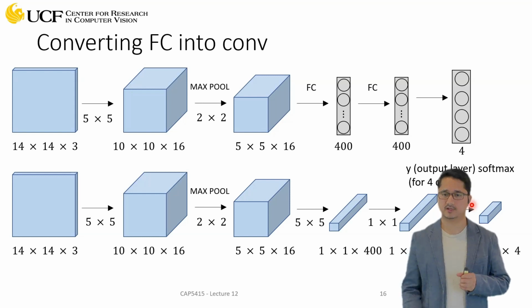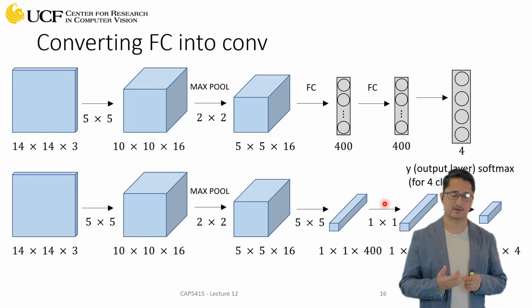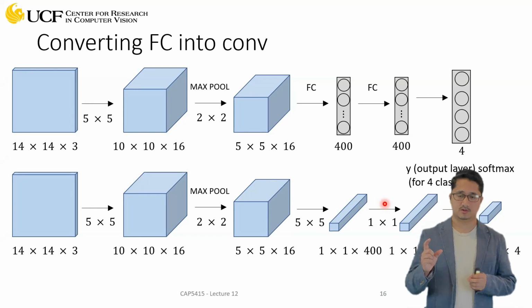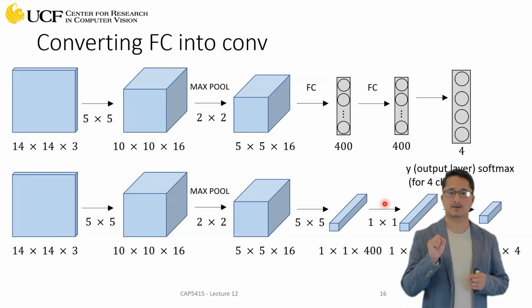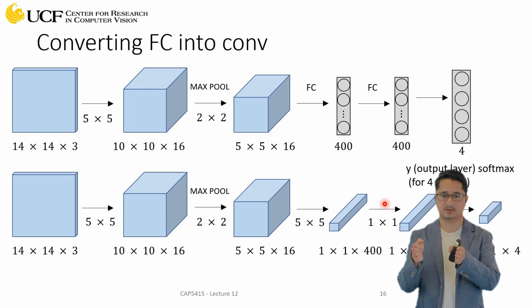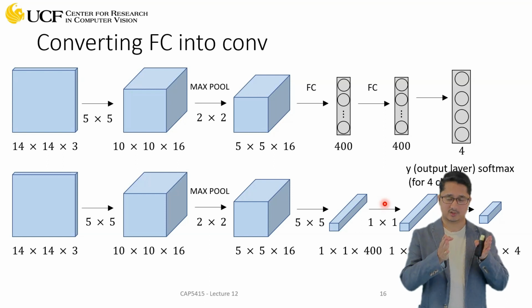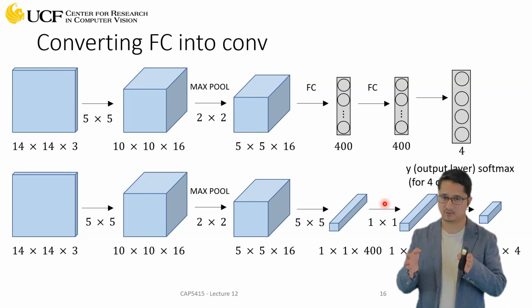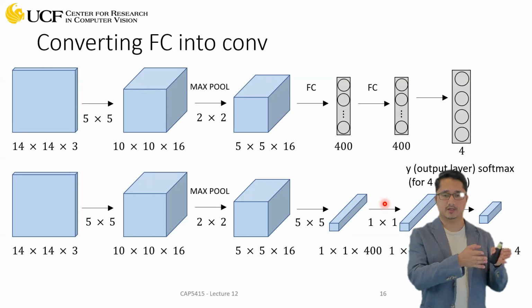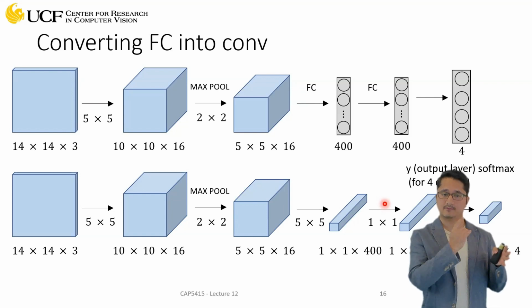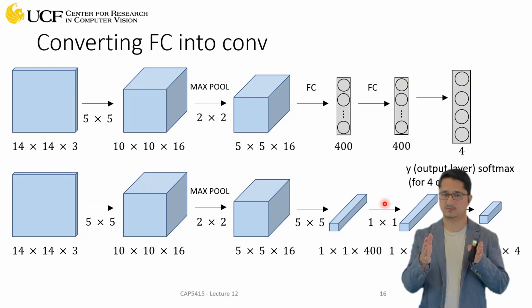Now, the more interesting use case for this fully convolutional network is, if you think about the third programming assignment, where we're asking you to build an autoencoder. In that case, if you don't have fully connected layers in the bottleneck, and you just keep it fully convolutional, you will see that if you train your autoencoder network on a very small resolution image, 28x28, you will still be able to use the same network on an image which is, let's say, 500x500, right?